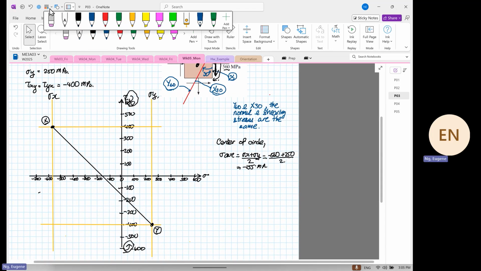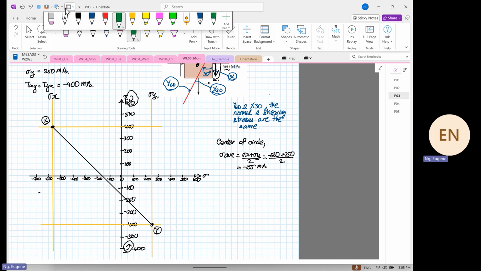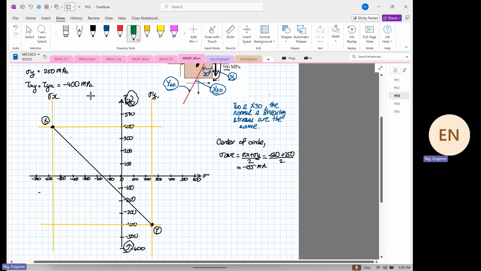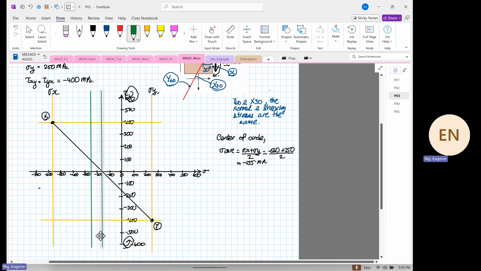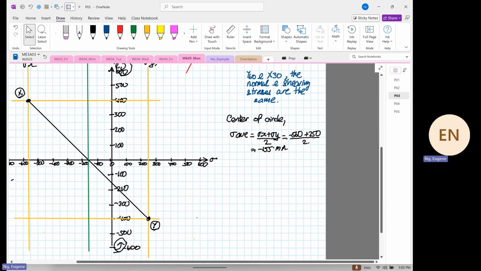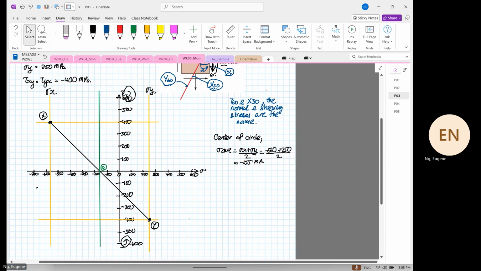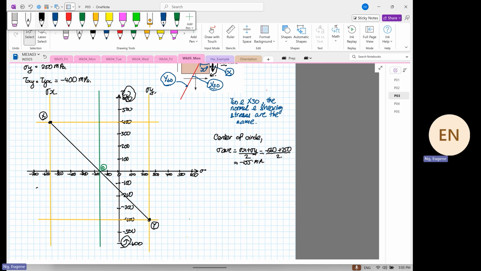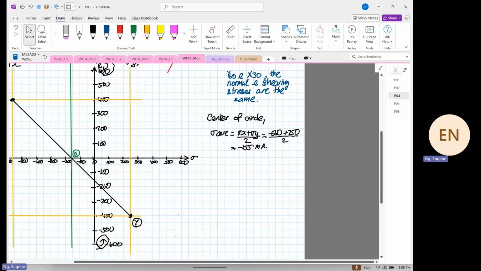From here, you just draw a line where it intersects over here. This is your 155, and this is where your O is. Immediately from here, we can calculate the radius of the circle, like what I did last week.